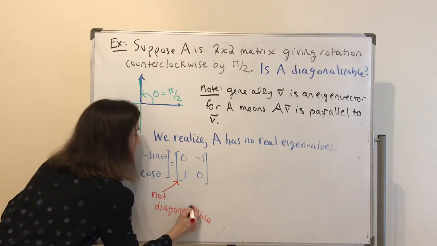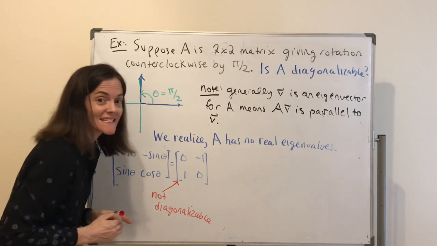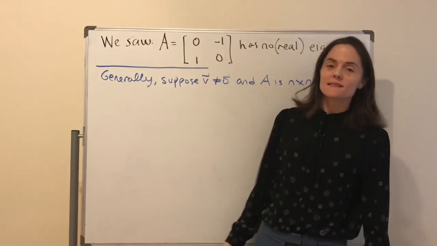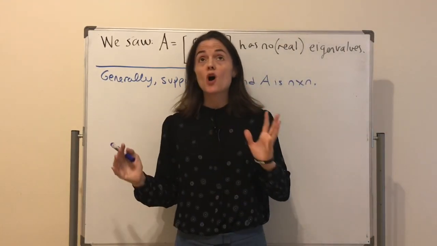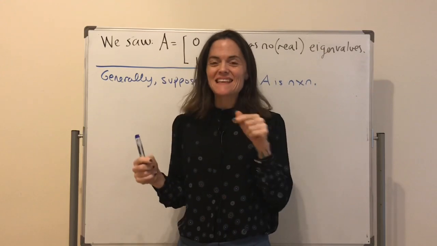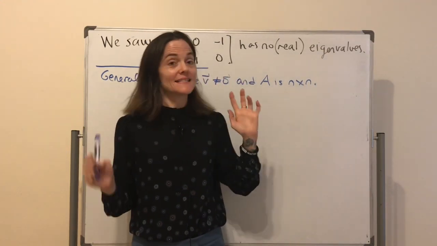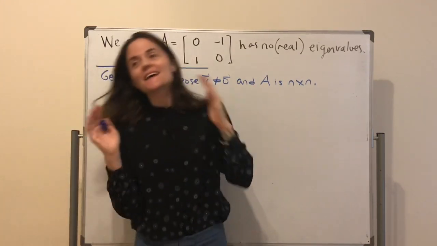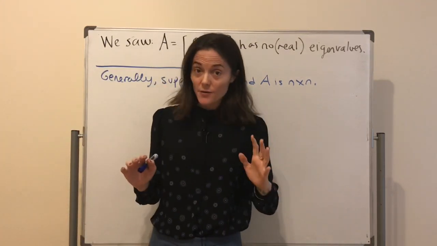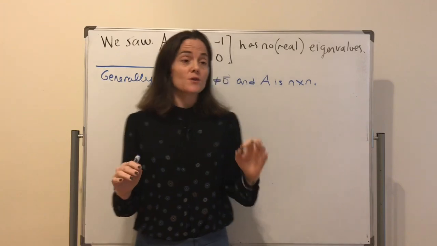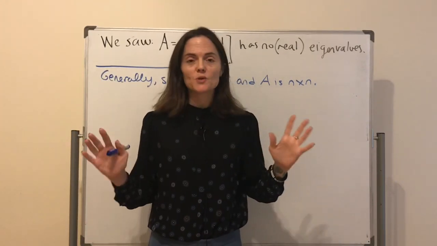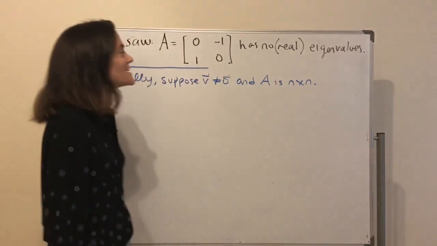But there's one more observation I'd like to make. We just saw this 2 by 2 matrix has no real eigenvalues by thinking geometrically. This matrix was counterclockwise rotation by 90 degrees, or pi over 2, and there's no non-zero vector v that is mapped to a parallel vector through rotation.